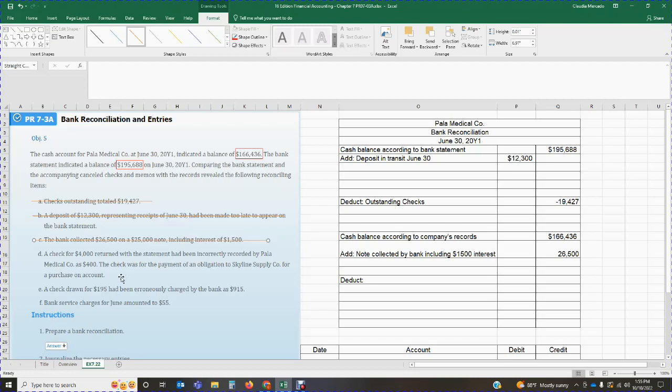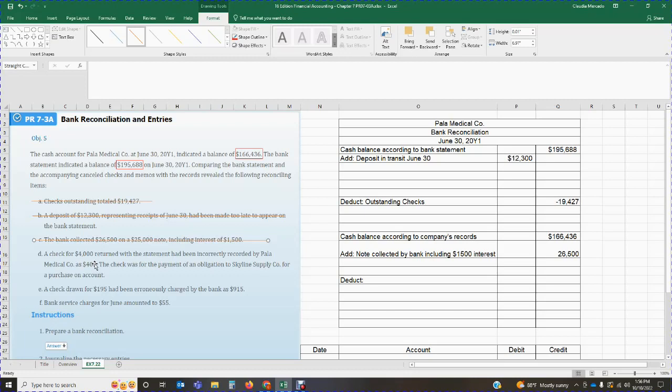So we recorded it for $400 when we should have recorded it for $4,000. We owed Skyline 4 grand, and we cut the check for 4 grand. It's just that when we recorded our entry in our books, we only did it for $400. It was like a typo. We were missing one zero.